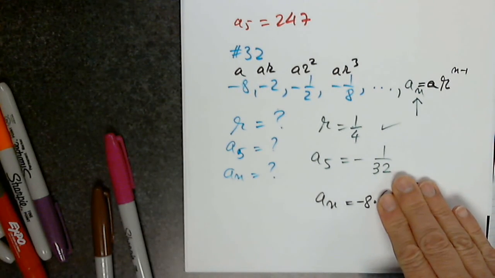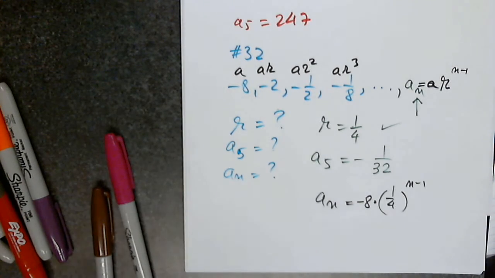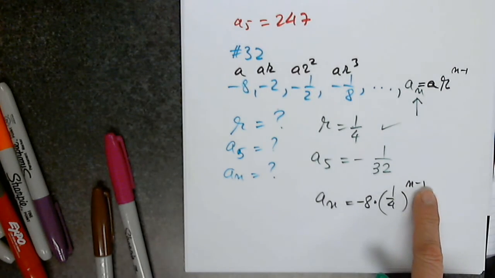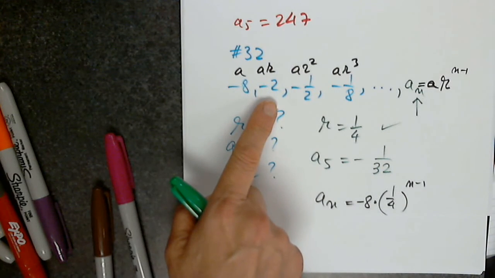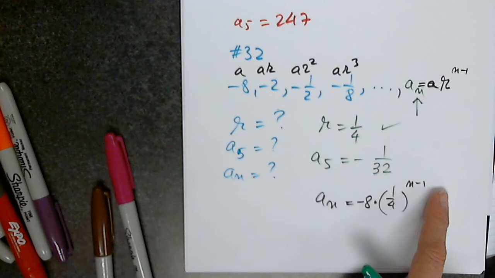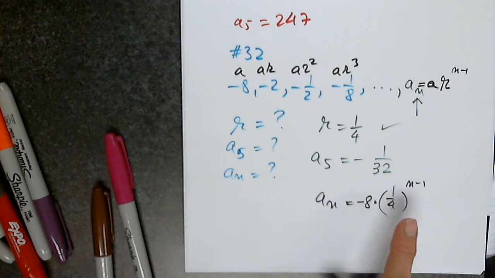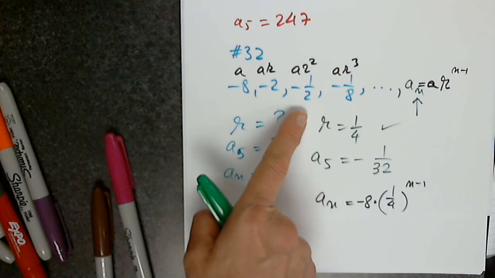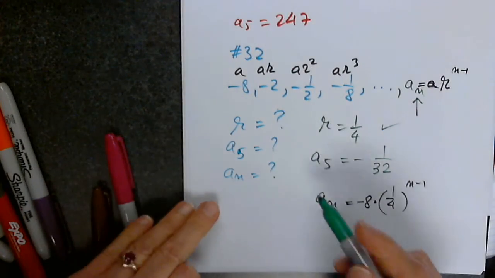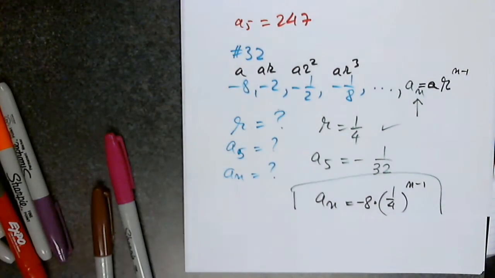Do I get negative 8? Yes. When n is 2, I have 2 minus 1, which is 1. Negative 8 times 1/4, is that negative 2? Yes. When n is 3, 3 minus 1 is 2. 1/4 times 1/4 is 1/16. Negative 8 times 1/16, is that negative 1/2? Therefore, this is the generic term of the geometric sequence. Okay.